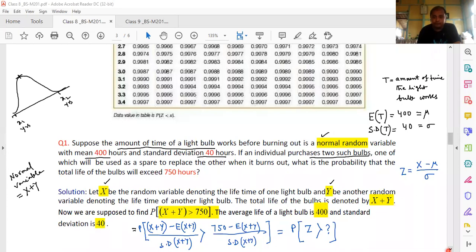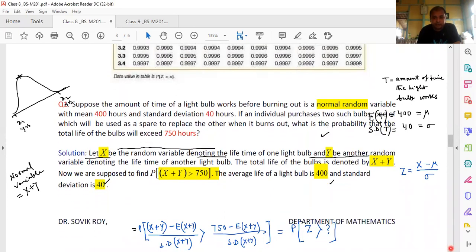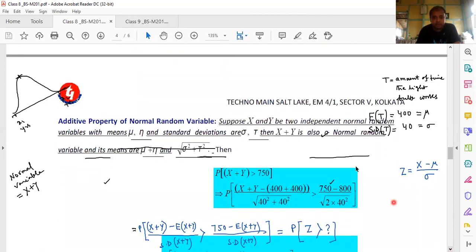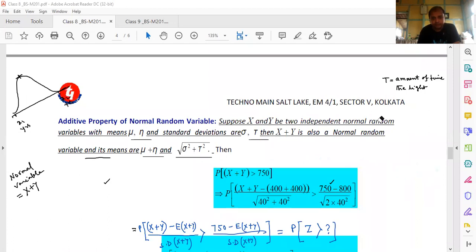So in the next page you will find that I have given a theorem. Let me erase the unnecessary portions so that you can read it well. This theorem is called the additive property of the normal random variable. What does it say?